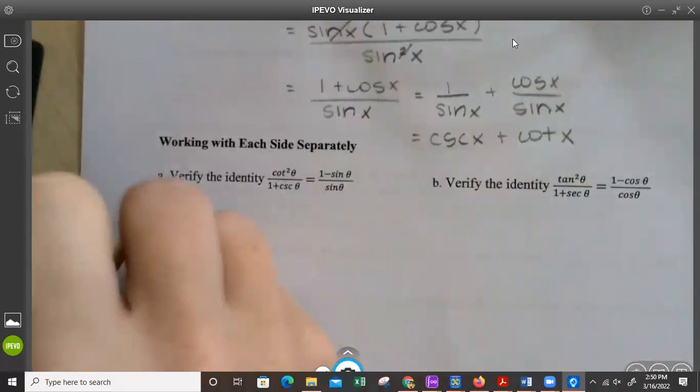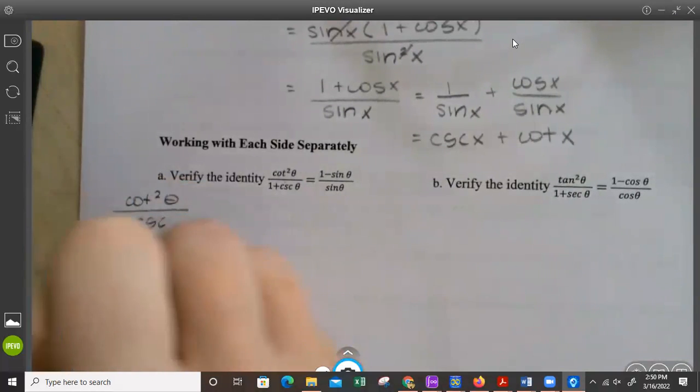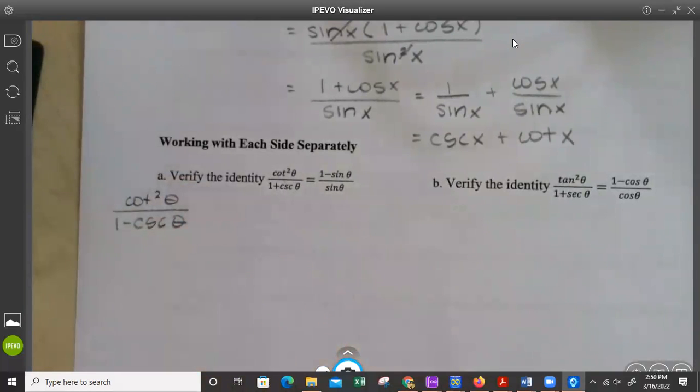So cotangent squared theta over 1 minus cosecant theta. Say it again. I can't hear anything. Oh, plus, sorry. Go ahead. Is there anything I can fix there?